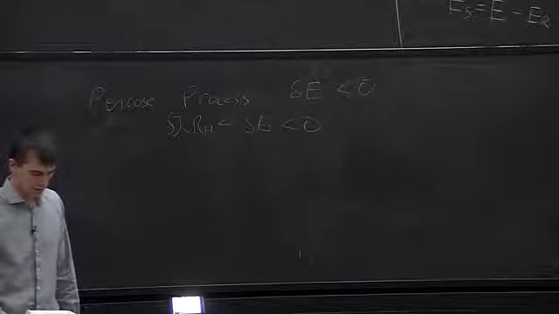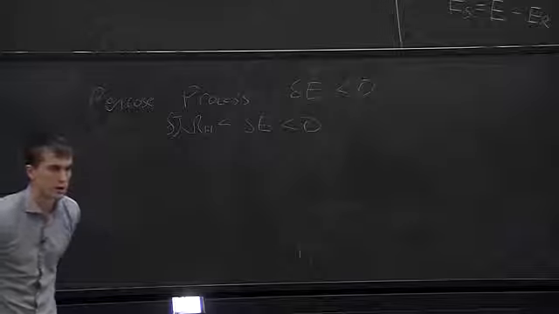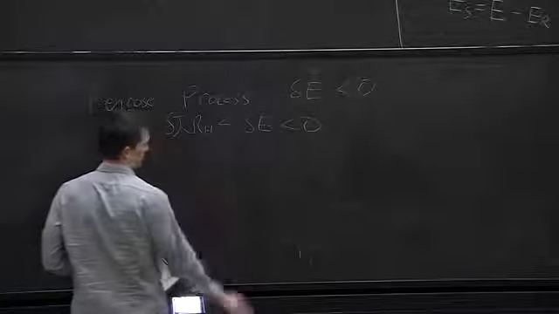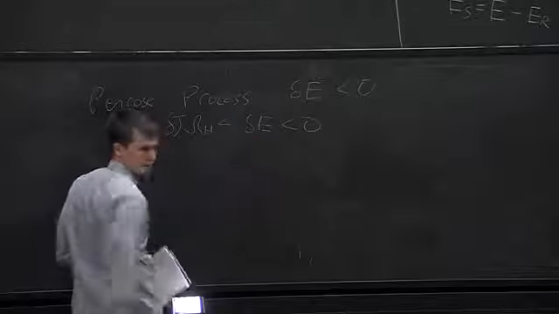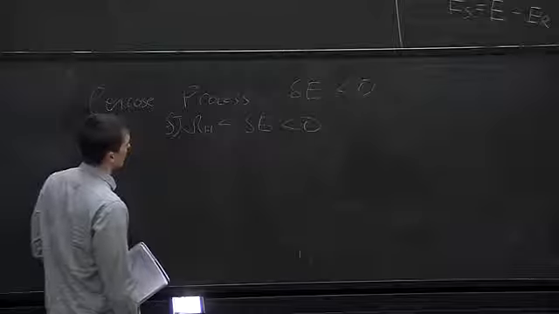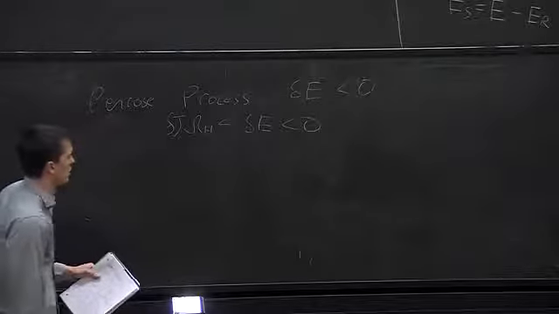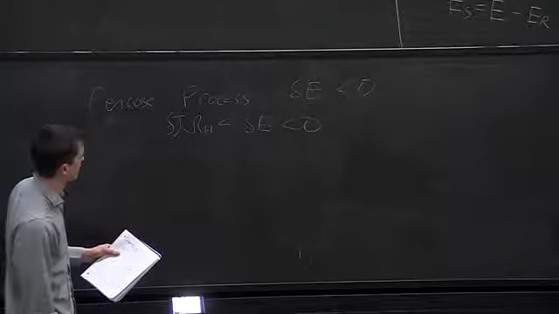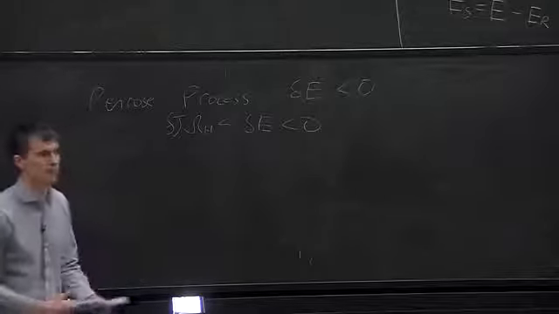And the mass of the black hole is also modified, right? So the new mass of the black hole should be basically M plus delta E.